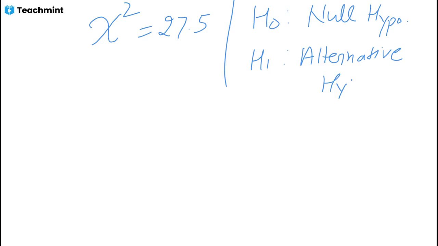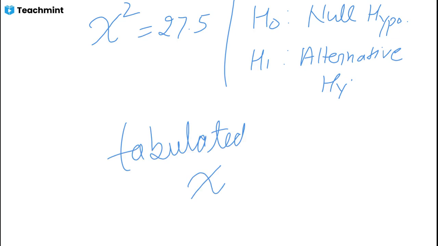See the second last column. So the tabulated chi-square, it is 11.07.